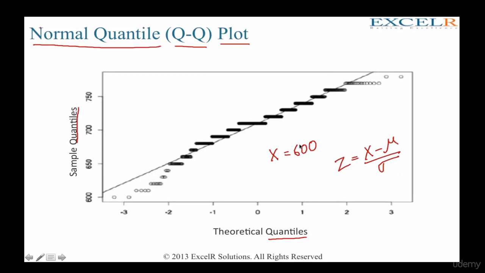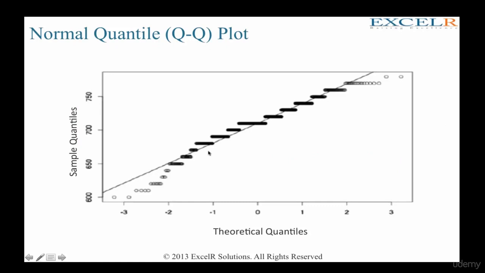So it is 600 minus mu, which is 711, upon 29. You get a corresponding standardized value. And if you plot in that way, and the data points fall along the straight line, you can say that your data follows normal distribution.